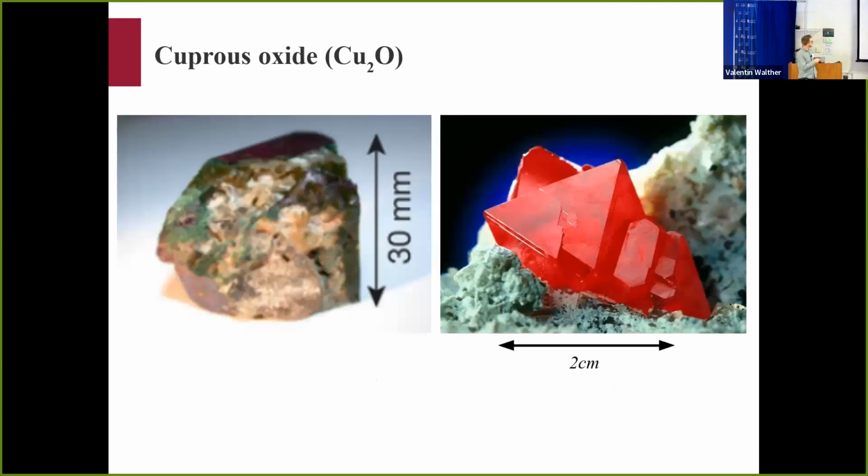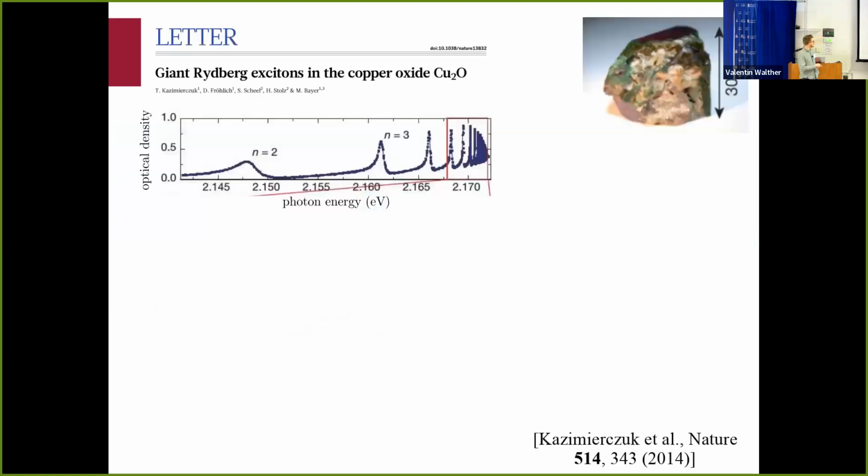Okay, so this material, cuprous oxide, is the crystal on which the first experiment that Tillman mentioned was performed. If you isolate the crystal into a nicer form, you see this nice ruby color. You really get nice stones. In any case, what was the surprise with this crystal?